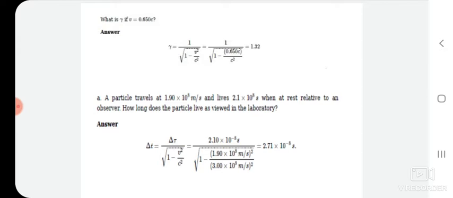Gamma is equal to, we know the expression for gamma is 1 by square root of 1 minus v square by c square, which is equal to 1 by square root of 1 minus, what is the value of v, which is 0.65 times c divided by c, and whole bracket square. If we simplify this, finally we will get gamma is equal to 1.32.